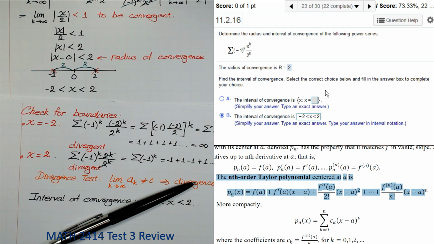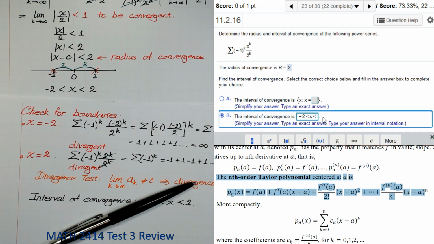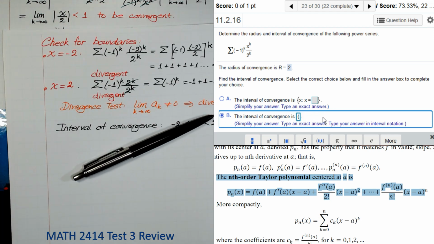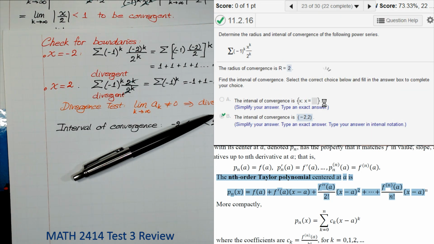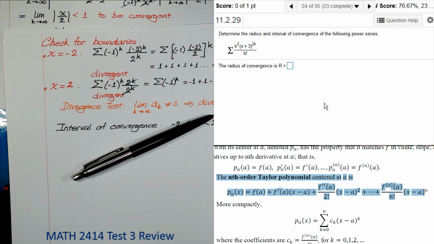Wait, what? Interval notation. Alright, I have to read the question. Right, parentheses. By the way, my MATLAB should take that answer as well, I just don't know.